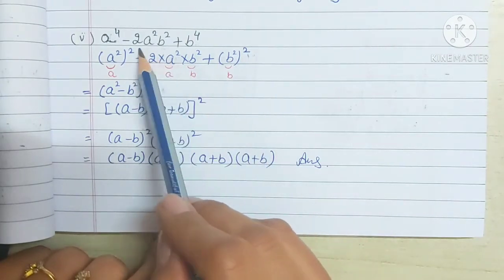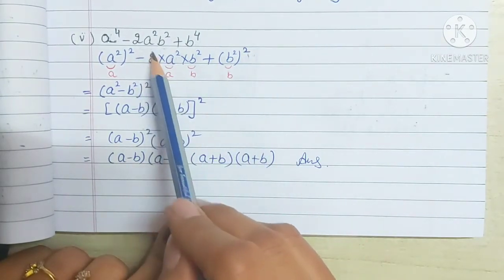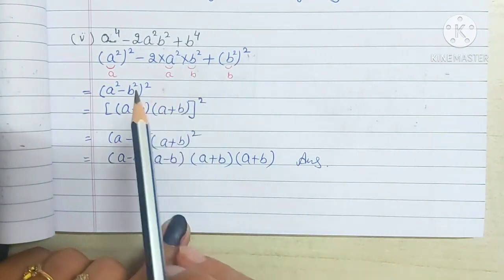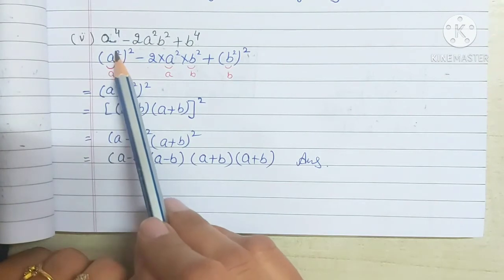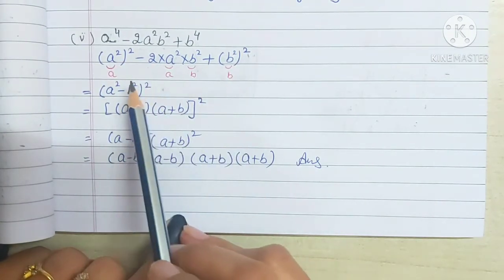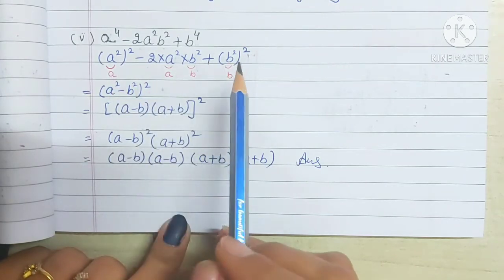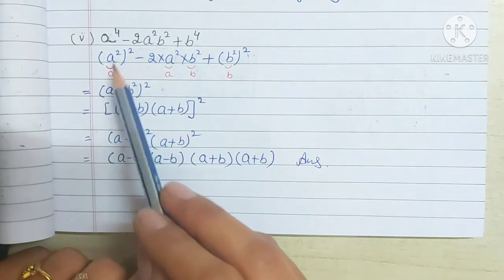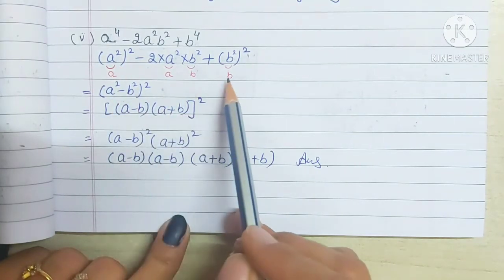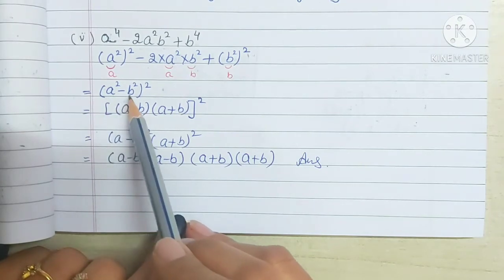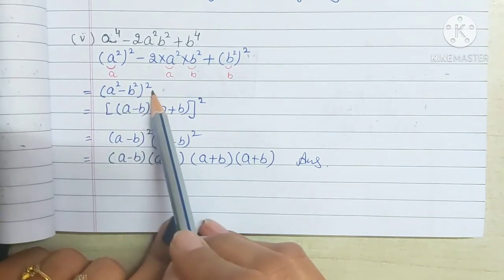So the middle term I can write as minus 2 multiply a square multiply b square. So if I take this whole term as a, this whole term as b, it will be the whole square of a minus b. But instead of a, here I have a square, instead of b I have b square, so it will be (a square minus b square) whole square.